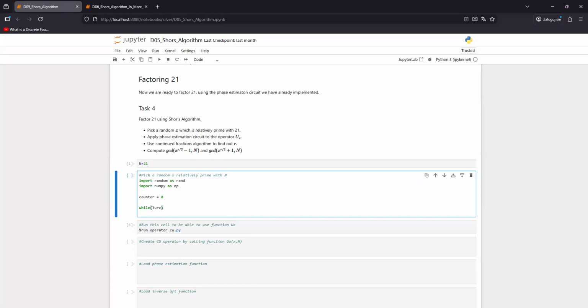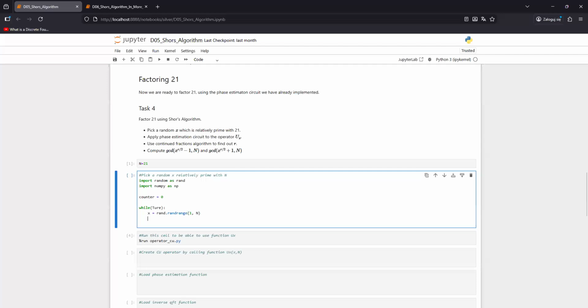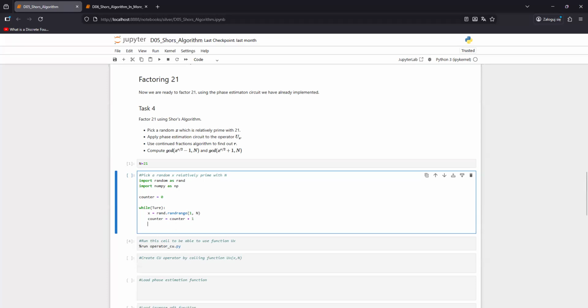Let's say that now we pick this random number, so random range, and we want to select from 1 to n. Here is some counter, so how many tries we needed.